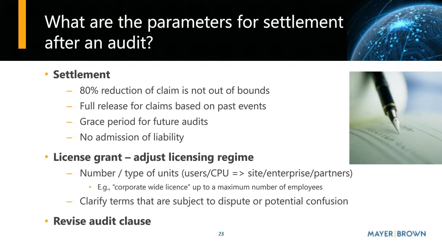What happens when the audit findings are disclosed to all the parties, and you need to sit down at the table and figure out how to settle this matter? One thing we've seen that Valerie mentioned is that we do see big reductions in the headline demand that the vendor makes. And we think there's a couple reasons for this.